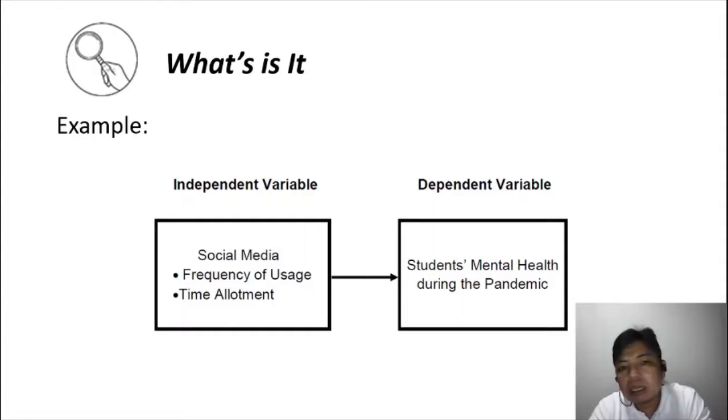So basically, dito ay pinapakita natin kung paano nga ba nakaka-apekto ang social media, specifically yung frequency of usage at saka time allotment sa mental health ng mga estudyante during the pandemic. So, as simple as that, the relationship between your independent variable and dependent variable, which is represented in a very simple illustration. So, yun yung unang format natin, yung IVDV format.